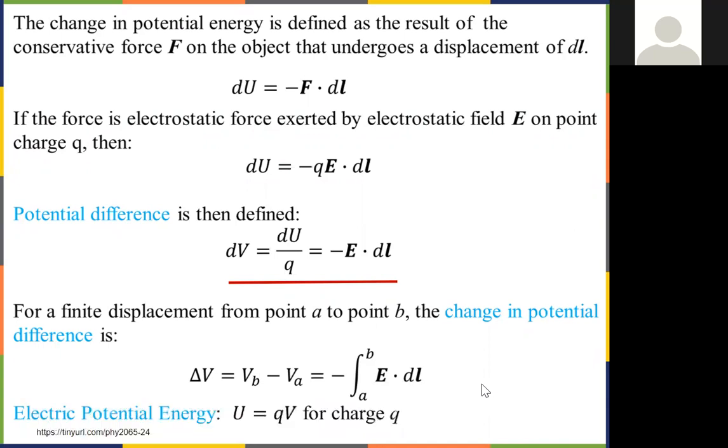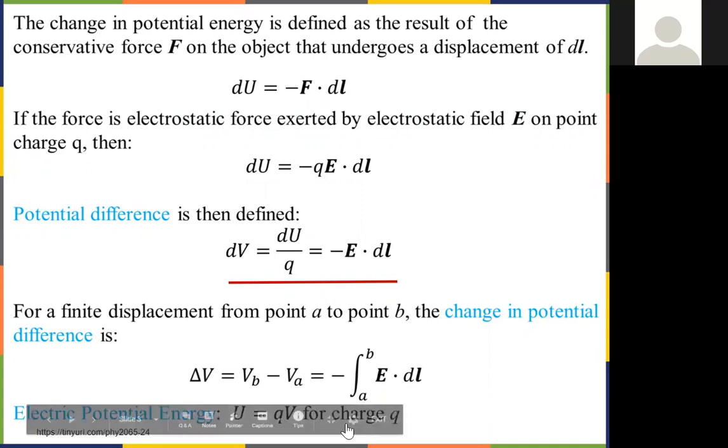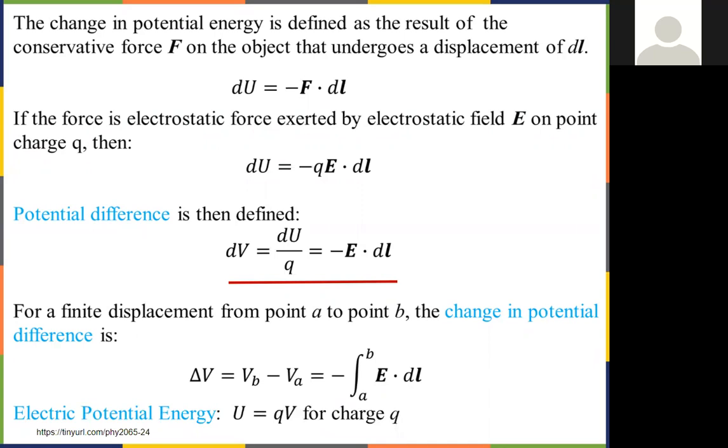That's the equation you want to use to figure out the difference in electric potential. For electric potential energy, it's Q times V. So energy is equal to Q times electric potential, if you have a charge Q in the presence of the electric field.